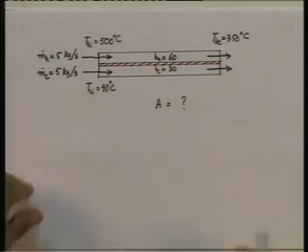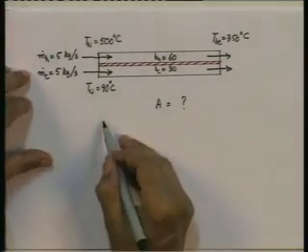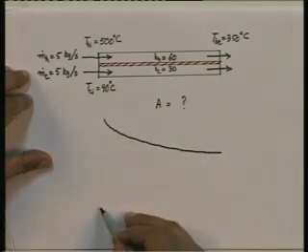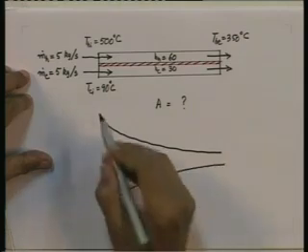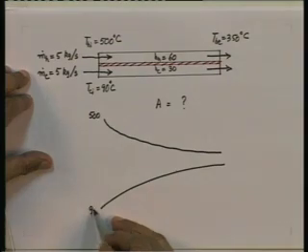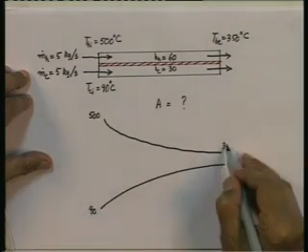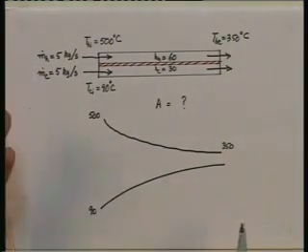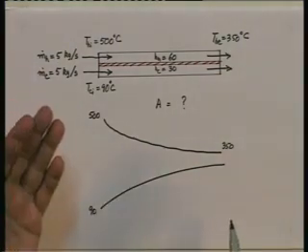We can sketch the temperature profiles. On the hot side going to be something like this, on the cold side it is going to be something like this. This is 500, this is 90, this is 350. Now, the flow rates on the hot side and the cold side are equal, and the Cp's are given to be equal. Therefore, it follows that the change of temperature on the hot side and the change of temperature on the cold side must be equal.